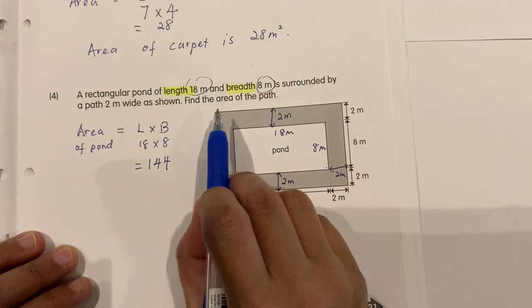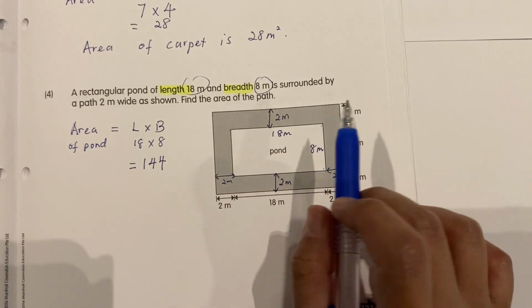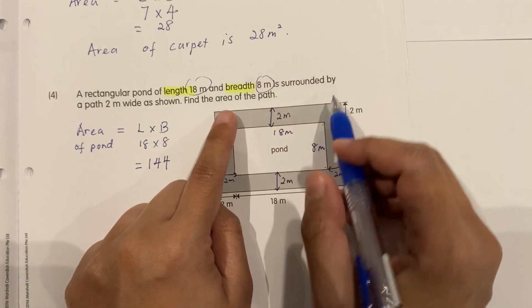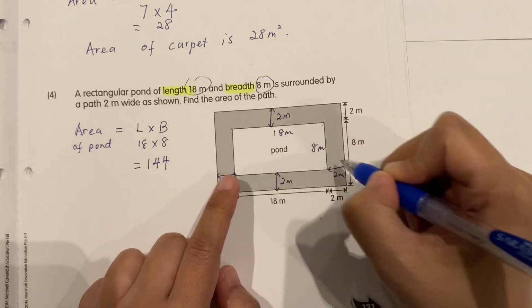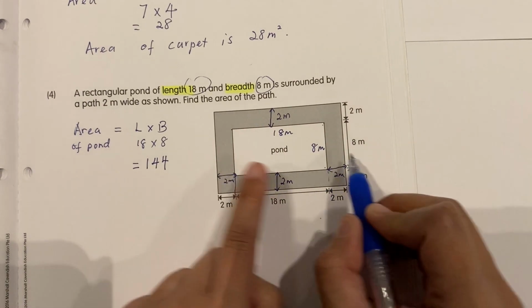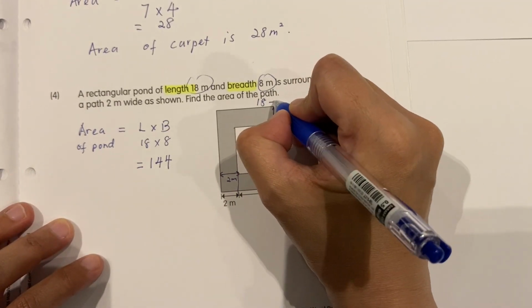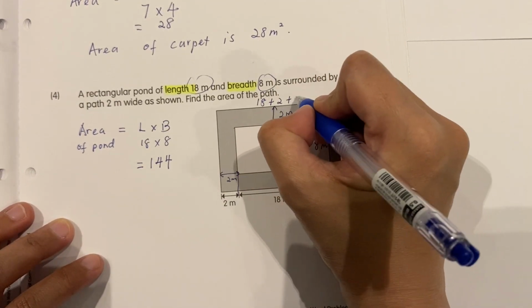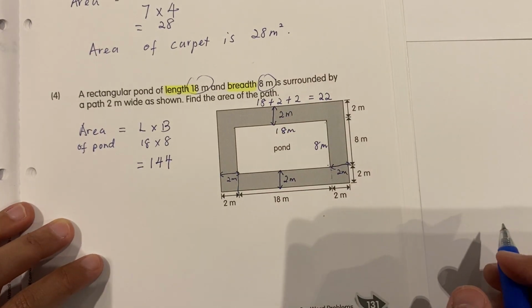So you write down. Before that, do you know what is the length of this rectangle? You don't, but you can find. Now remember, the point from here to here is 18. That's 18 plus 2 plus 2. So 18 plus 2 plus 2, your answer will be 22 for the length.